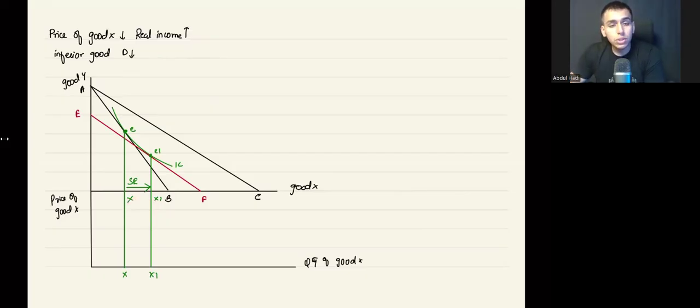So to show the concept of inferior good, your new equilibrium quantity should be within this box. So your new equilibrium will be here. IC2, equilibrium E2. And this is your equilibrium quantity X2 and X2.